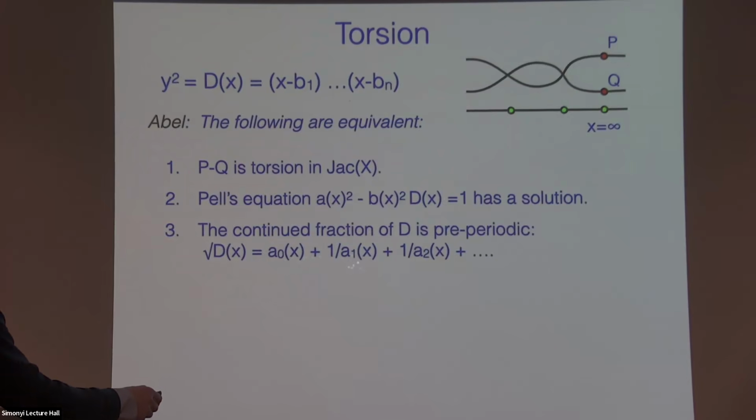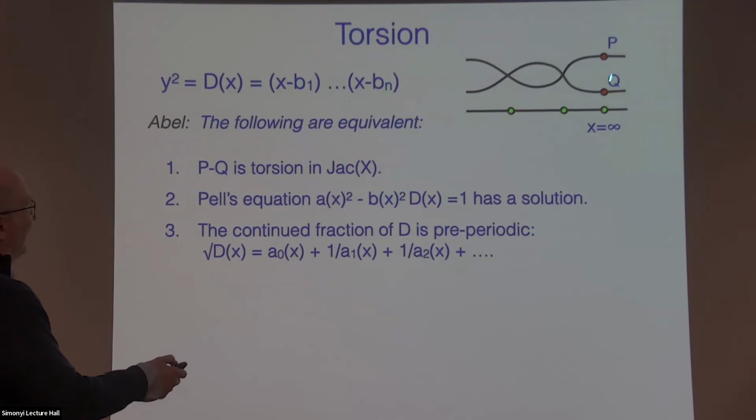You take the reciprocal of what's left over, and you see another polynomial, and you keep going. And this difference of points is torsion exactly when this continued fraction is pre-periodic. That is when you eventually start seeing the same a_n's over and over again.